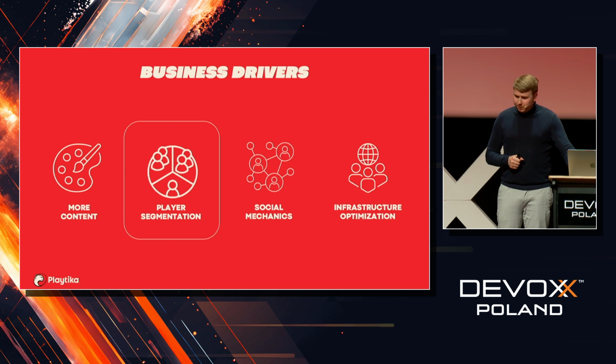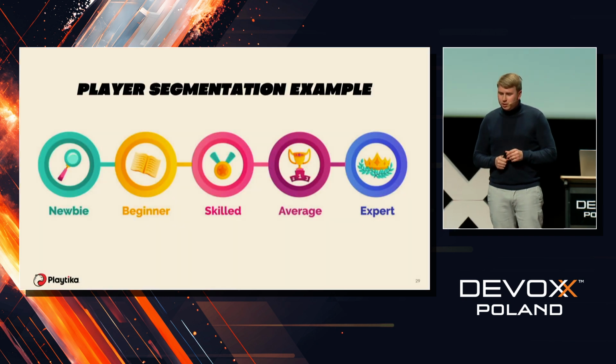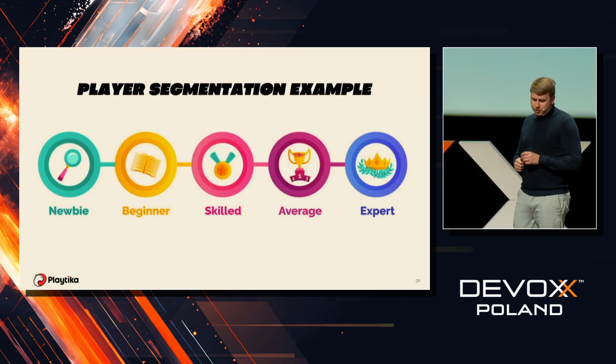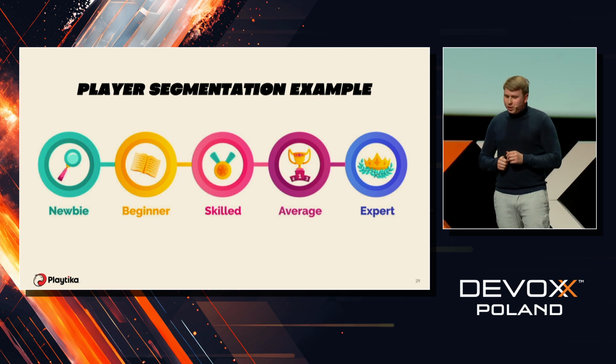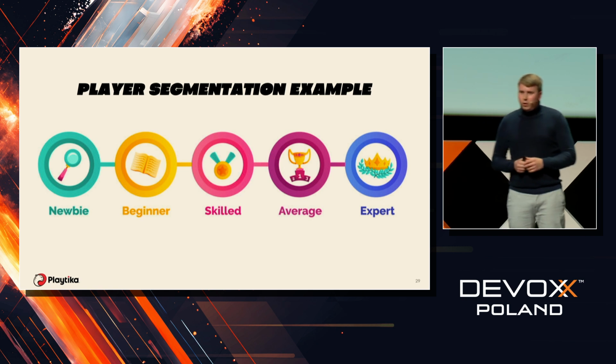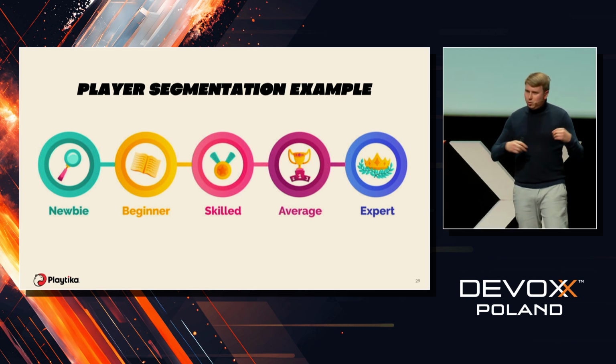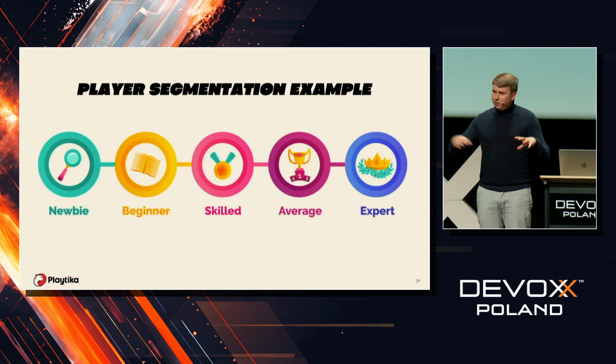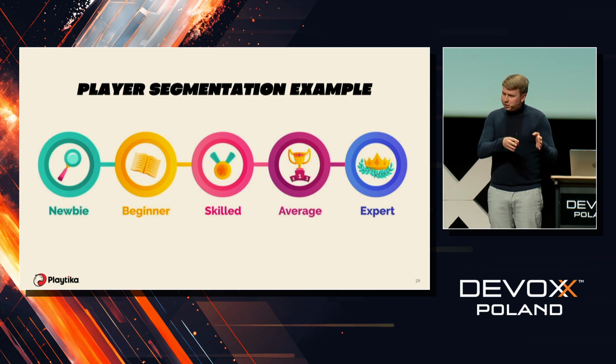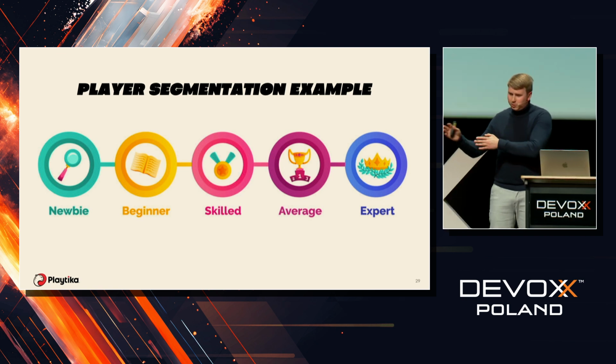So the player segmentation, this is another use case. Assuming we want to split the players by populations and run some different logic, some different configuration per population. For example, tournament is a good example. We can do multiple leagues in the tournament and let beginners play with beginners and experts play with experts.